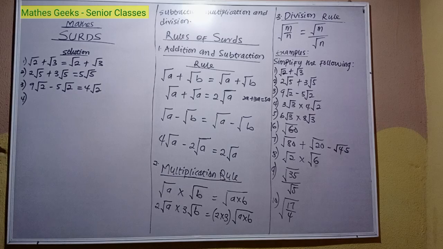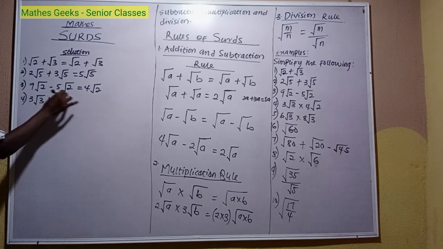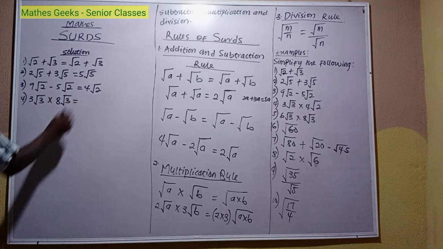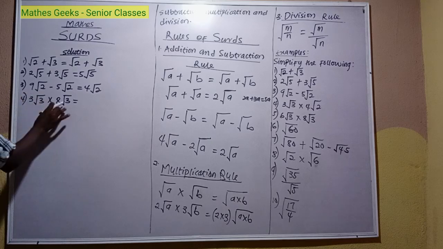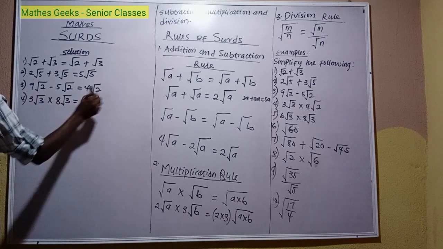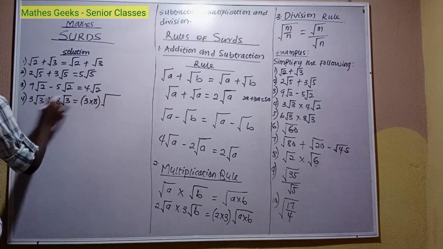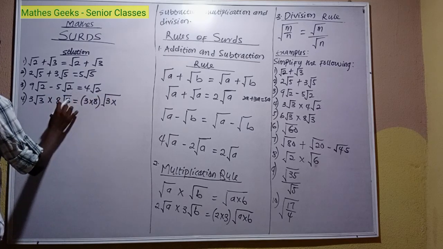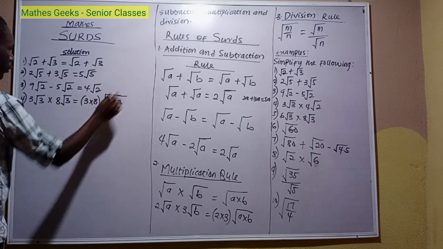Number 4, 3 root 3 times 8 root 3. Of course, this will give us 3 times 8, and then root 3 times root 3.